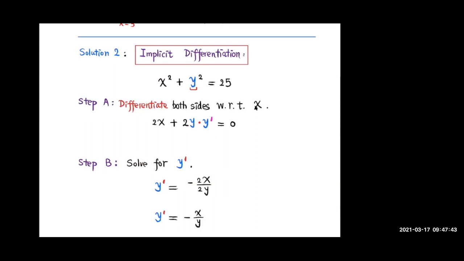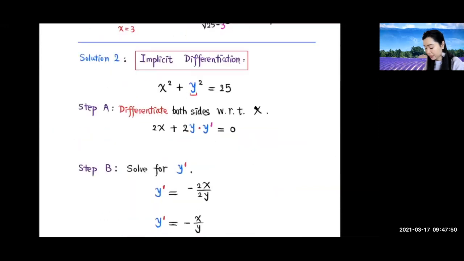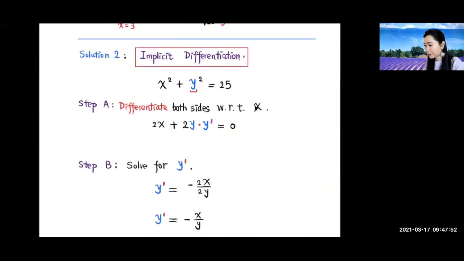But it can also be used on equations that have 3 or more variables. Implicit differentiation is useful because you don't have to solve for y explicitly. So to find y prime, we will use the implicit differentiation.